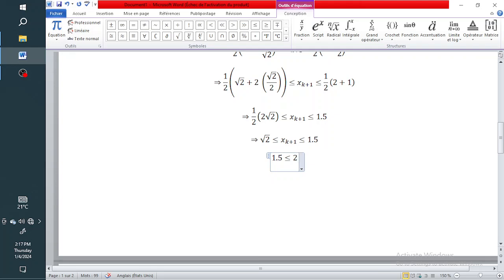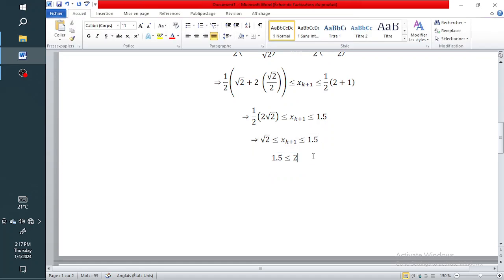So since 1.5 is less than or equal to 2, let me write it this way: x of k plus 1 is less than or equal to 1.5, and 1.5 itself is less than or equal to 2.